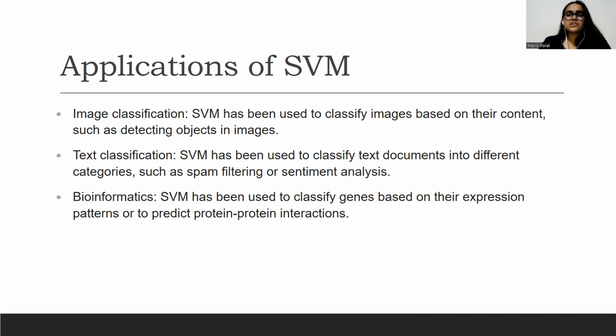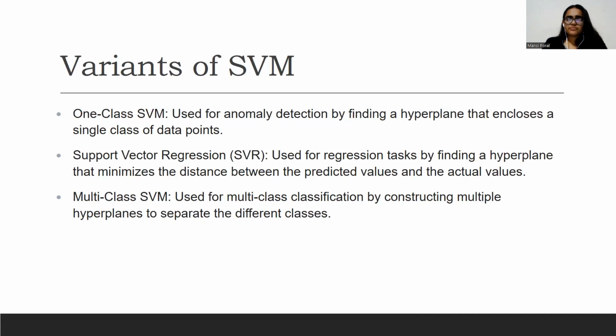The third application would be bioinformatics, where support vector machine has been used to classify genes based on expression patterns or predict protein interactions.